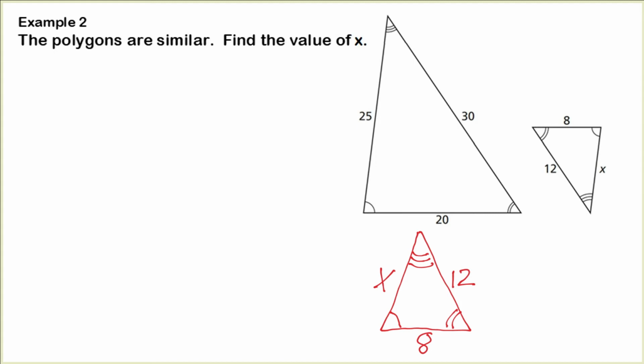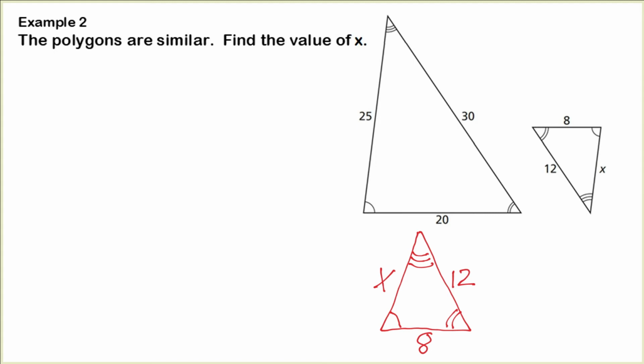Now it is easy to see that the 25 from the pre-image corresponds to the X from the image, and the 30 from the pre-image corresponds to the 12 from the image, and the 20 from the pre-image corresponds to the 8 from the image. Now I'm going to write 3 fractions, and the fractions are going to have numerators and denominators from the corresponding sides.